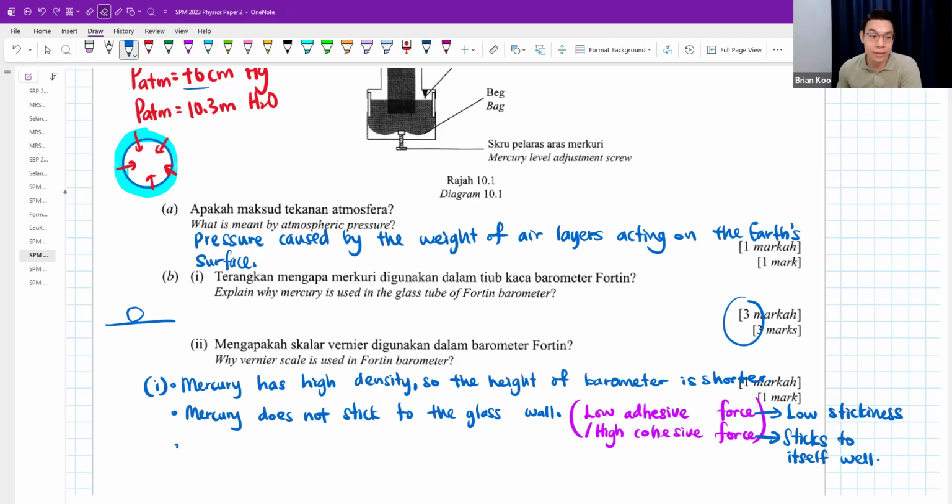Okay, and then another thing is that mercury has quite a high boiling point. So it doesn't vaporize so easily.